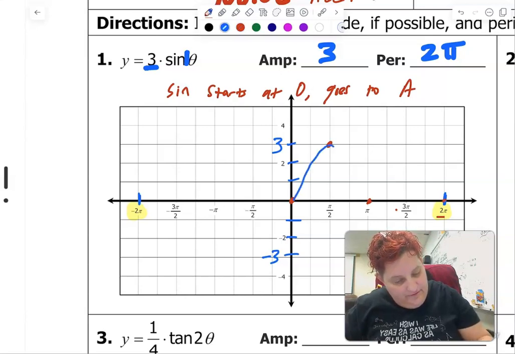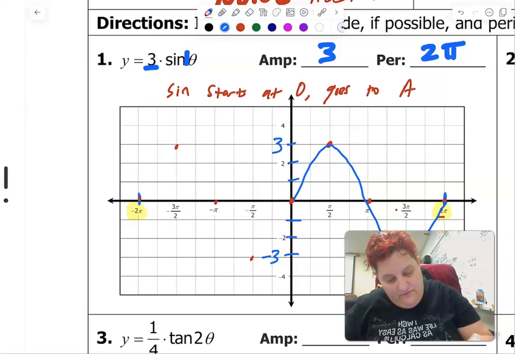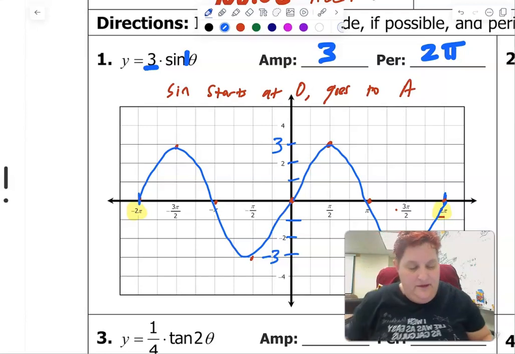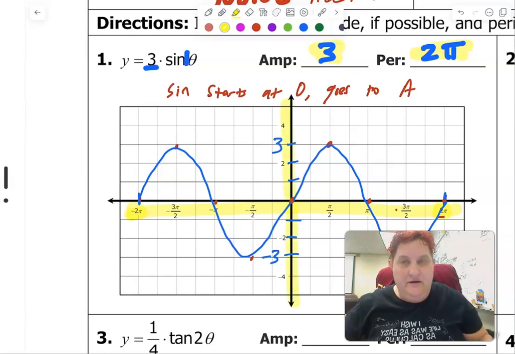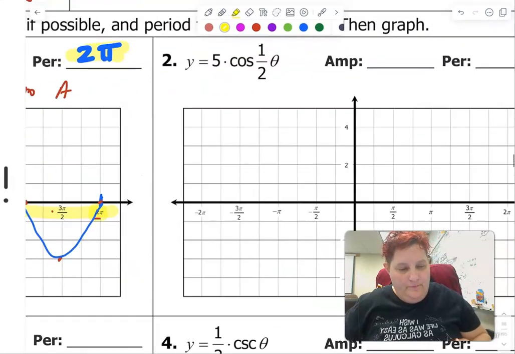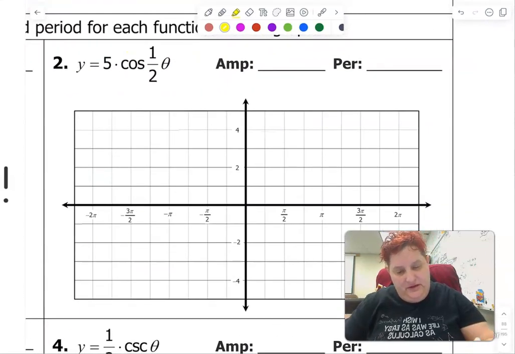We just draw that through, and do the same thing on the other side: 0, 3, 0, -3, 0. And that's it. The things I'm going to be grading: a point for amplitude, a point for period, a point for the labels across the bottom and side, and a point for the graph. Cool. Let's move on into cosine.